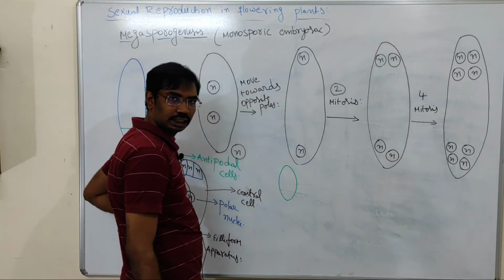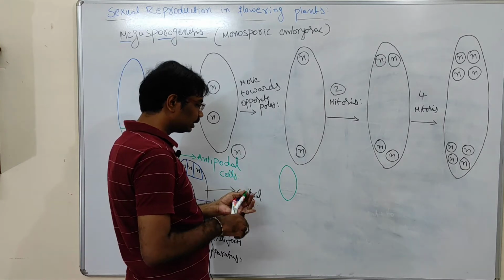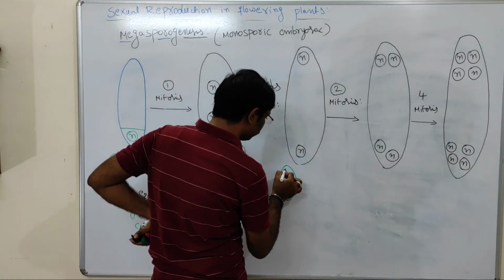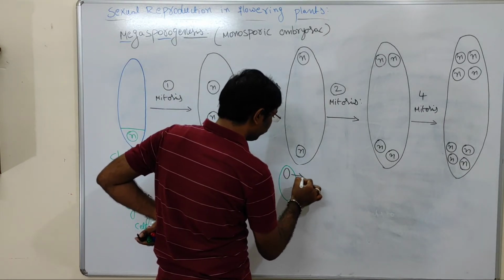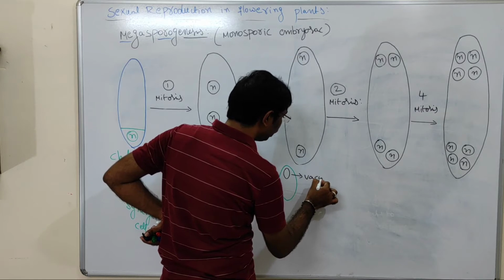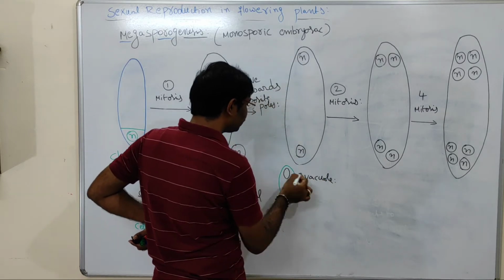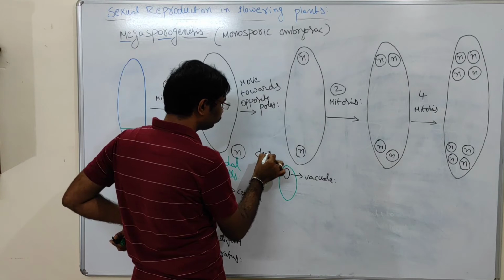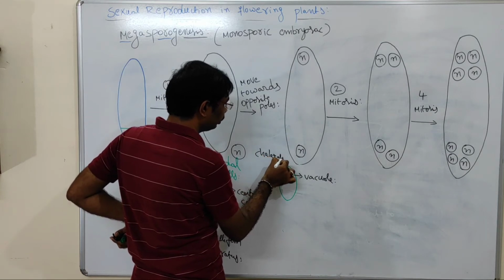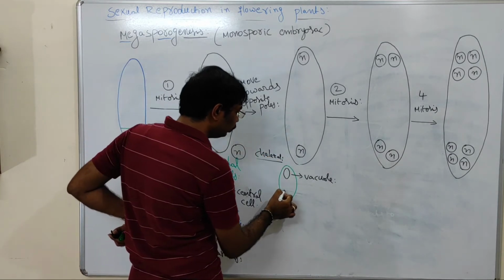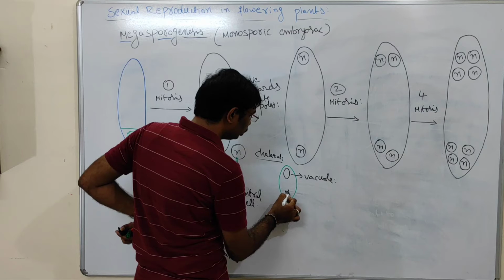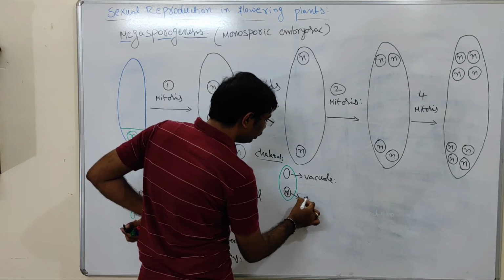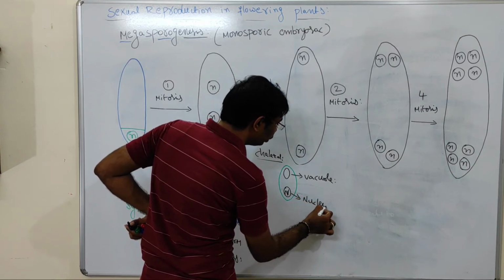The vacuole is present in the upper side, towards the chalazal end.